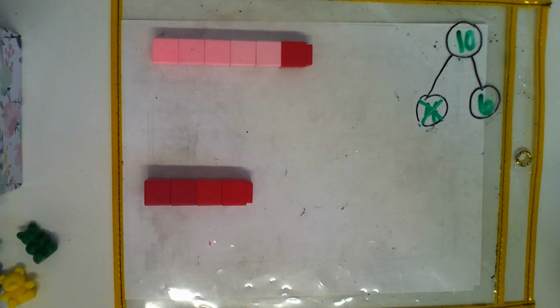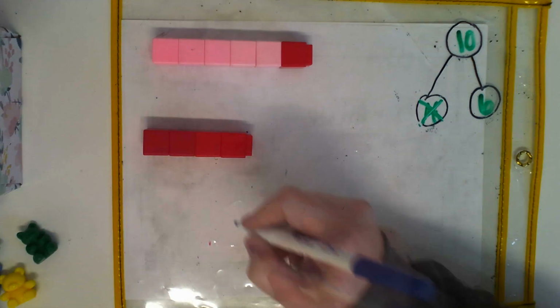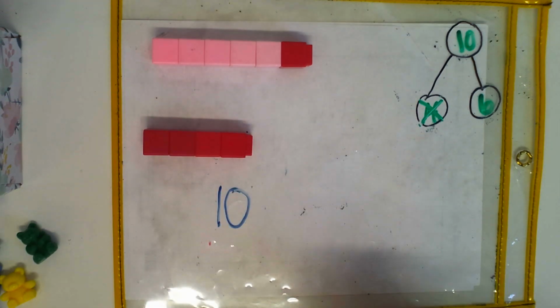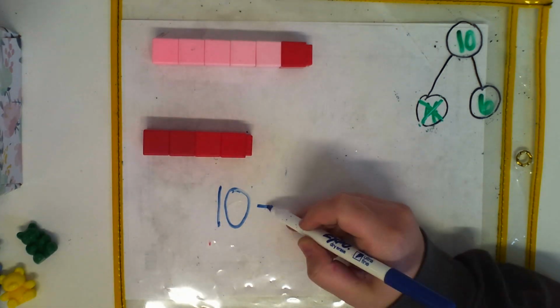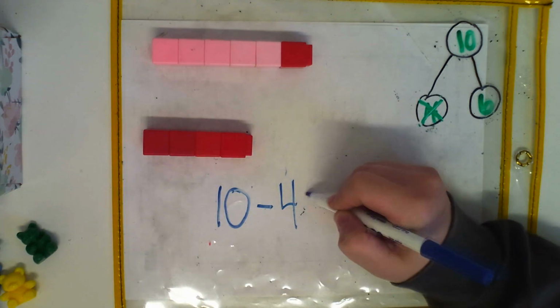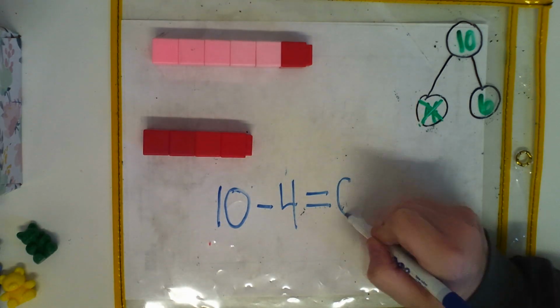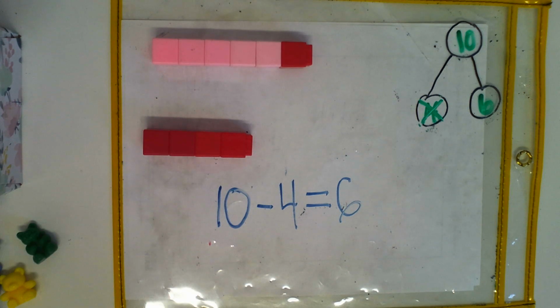We have 6 left. So let's make this into a number sentence. We started with 10 cubes. We broke off how many? 4. We're using our minus sign because we broke them off. They're away now. How many are left? We have 6 left. Very good. You can put your cubes to the side.